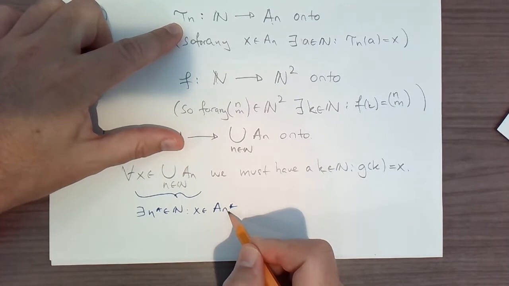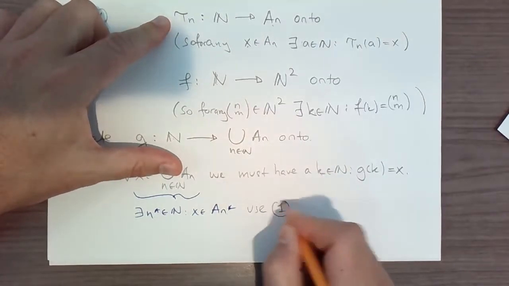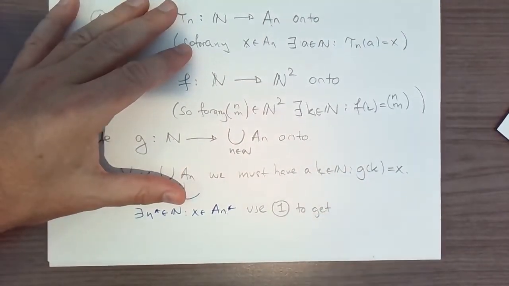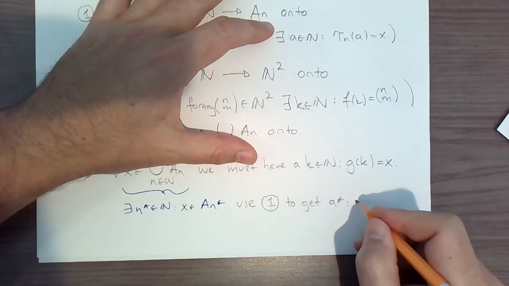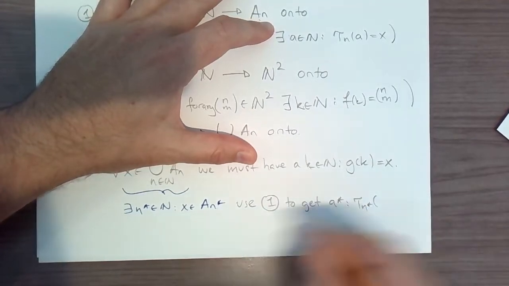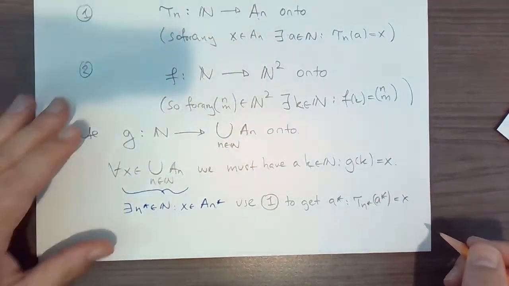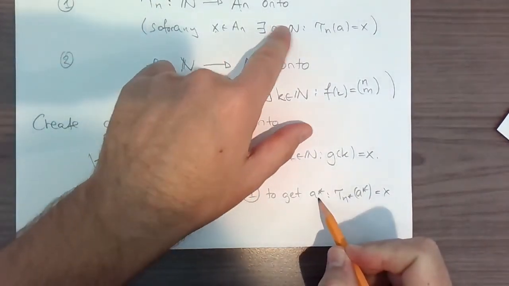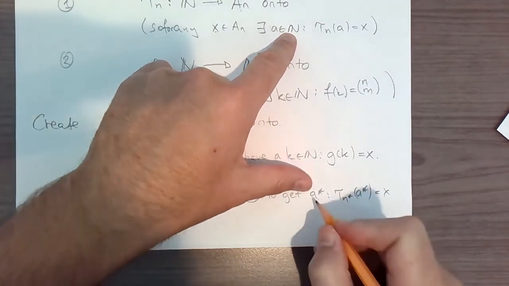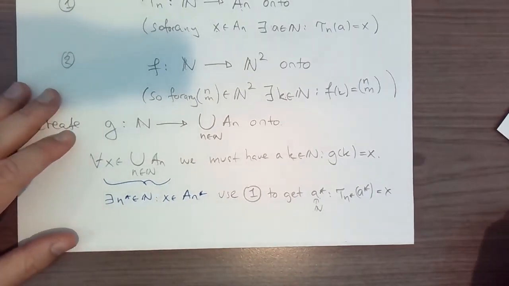So I have my n star now, so you use one to get a point, call it a star, such that tau n star evaluated at a star is exactly your X. And this a star, where does it belong? It belongs to N. Then I can use 2.